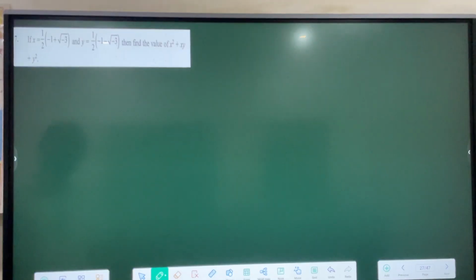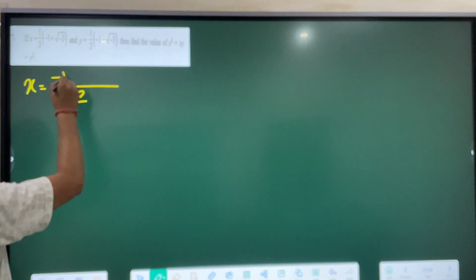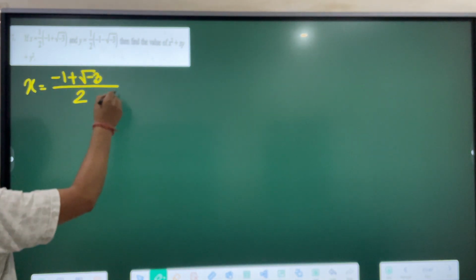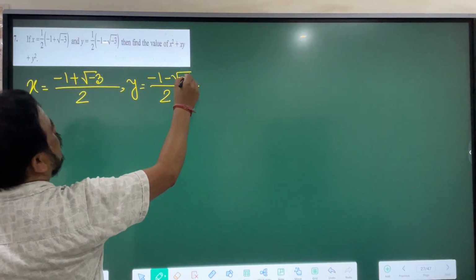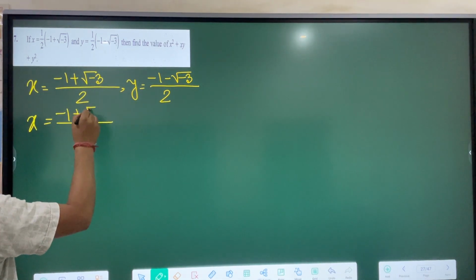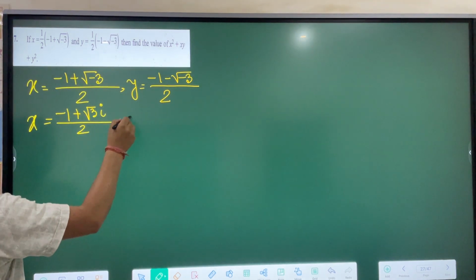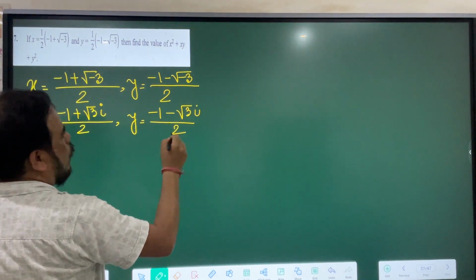Okay, number 7. X equals minus 1 plus root 3 i by 2, y equals minus 1 minus root 3 i by 2. Or this one can be written this way.